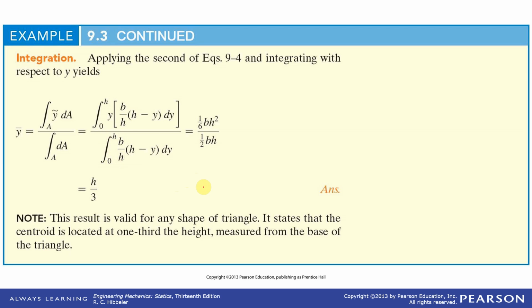So work that out. And again, sometimes you just got to convince yourself. So you have b over h, distributing this times h, times y dy.